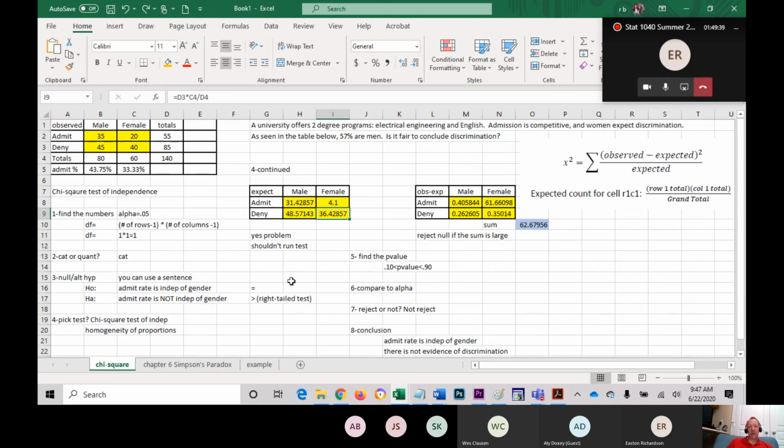Remember to check the old reviews, the old quizzes, the old tests. I will guarantee that there will be a chi-square test on the final. There'll probably be 1 or 2 more hypothesis tests, confidence intervals, and then everything else that we've studied.